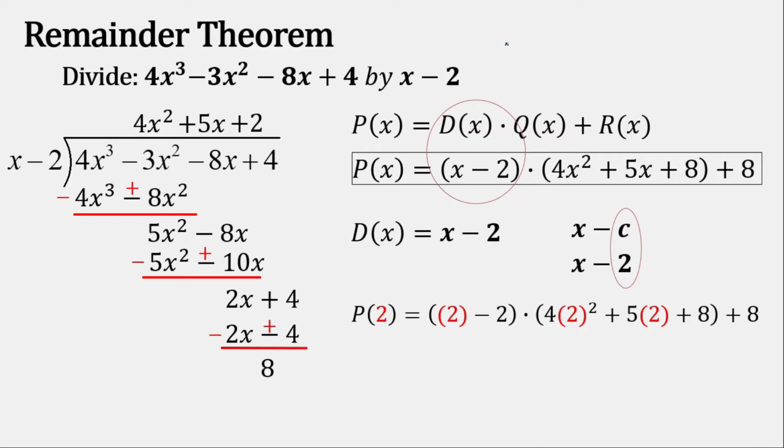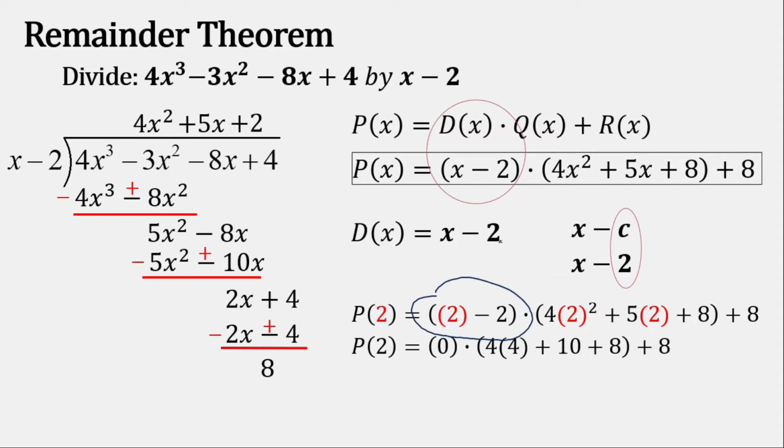As you can see, if the value of c is the value of x, we will have this part of the algorithm be 0. Any number you multiply by 0, the answer will be 0. So therefore, p of 2 of this polynomial expression will be equal to positive 8.